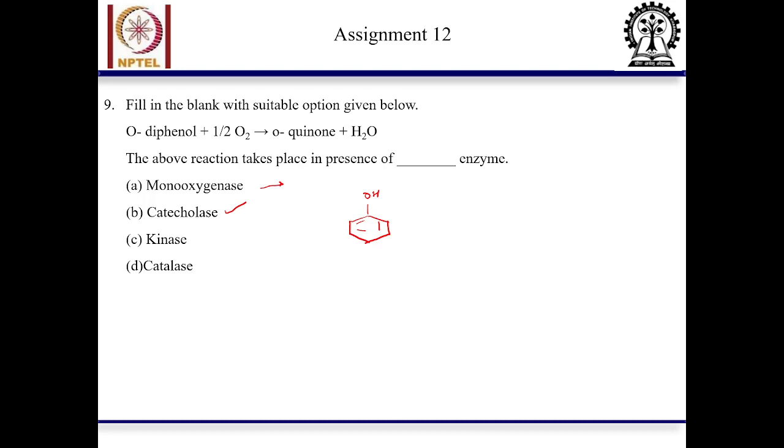First we have the catalyst, the enzyme called monooxygenase, right? So insertion of one oxygen will form your orthodiphenol. Now the other enzyme, which is the answer, this catalyst, will give you the quinol.